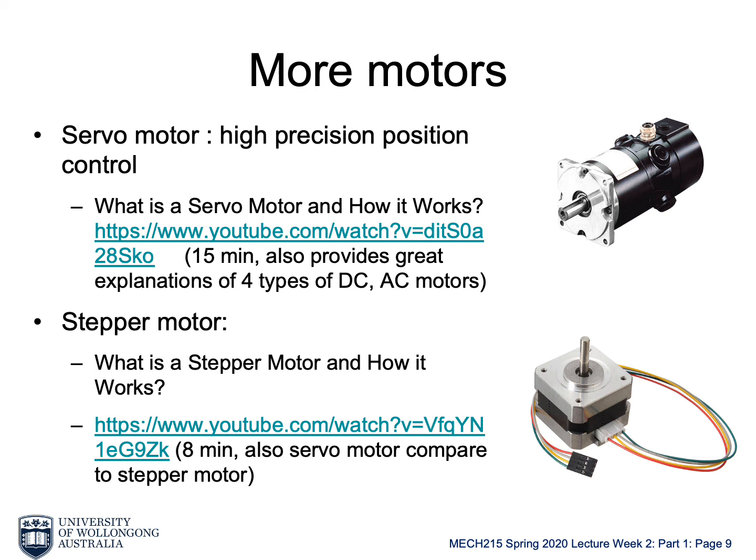Basically, these motors are mainly used for high-precision position control. All the previous motors we're talking about are for speed control, to generate certain movement at a speed. We don't really stop the motor at accurate positions. However, for servo motors and stepper motors, we use them mainly for position control.